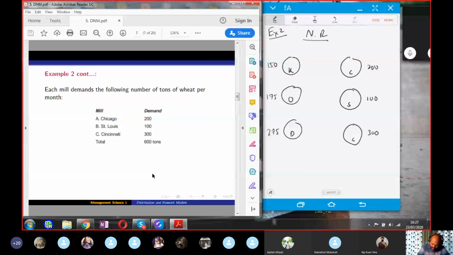After this, you can draw the lines. Each supplier is eligible to send their product to each customer. Like this. And then what to do? Write the cost. Kansas to Chicago, Kansas to St. Louis, Kansas to Cincinnati.